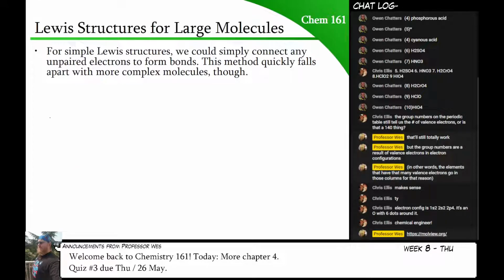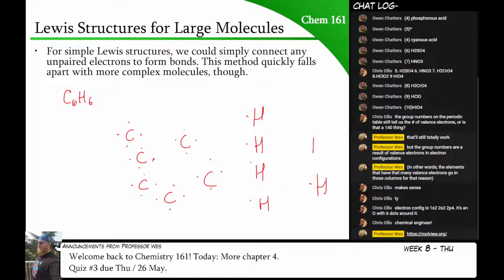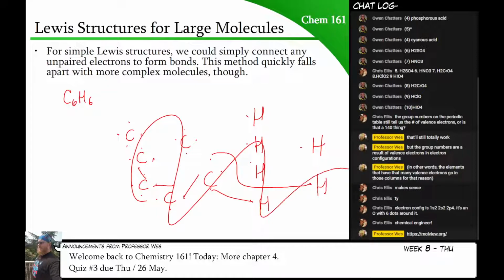So if you tried to draw the Lewis structure for, say, benzene, and I give you a bunch of carbons here, and then I have my hydrogens here, and I say, here you go, connect the dots, you're going to be like, huh? What do I do? And it's going to be a nightmare. It's going to be terrible real quick, right? So drawing large molecules with this connect the dots method, it's not great. So we need a better method.